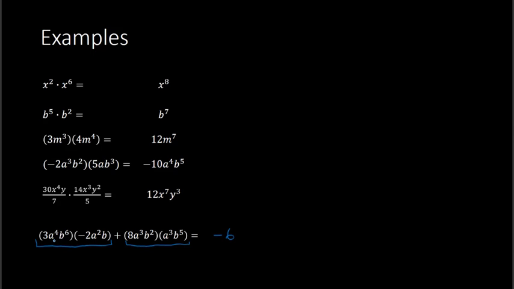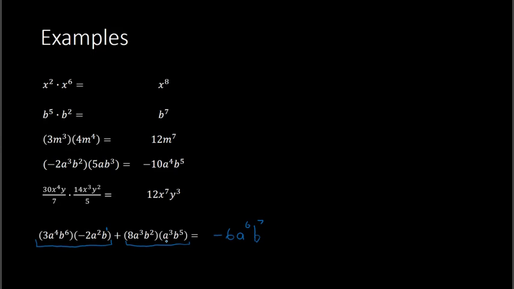Look at the a's. We have 4 a's times 2 more a's, so that gives me 6 a's, so a to the 6th power. And then the b's, we have 6 b's, and then times 1 b. Together we add the exponents, and that gives me 7 b's, so b to the 7th power.